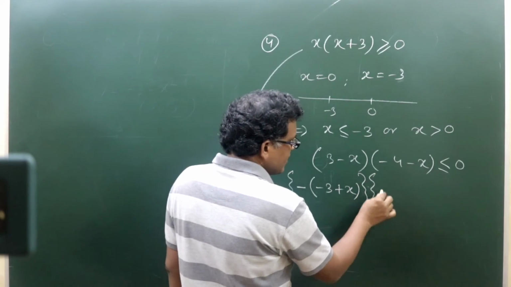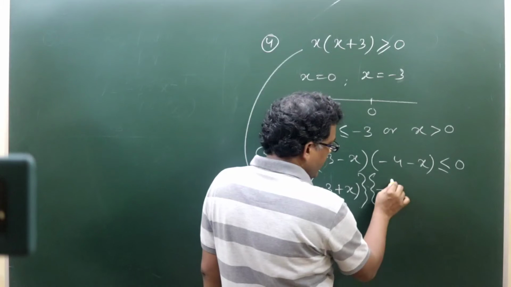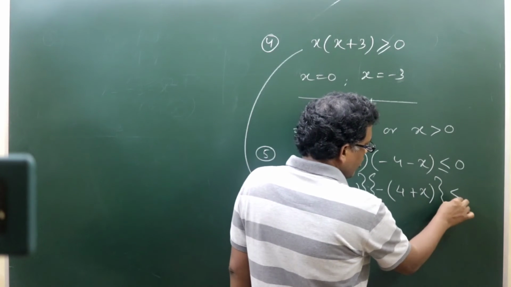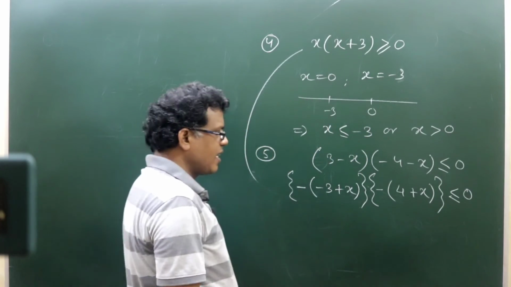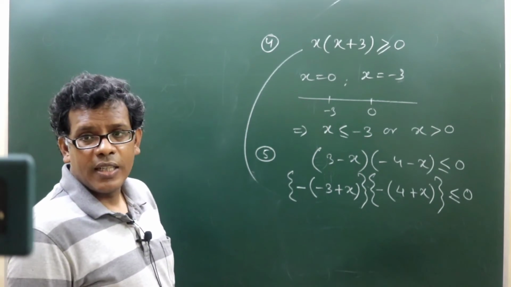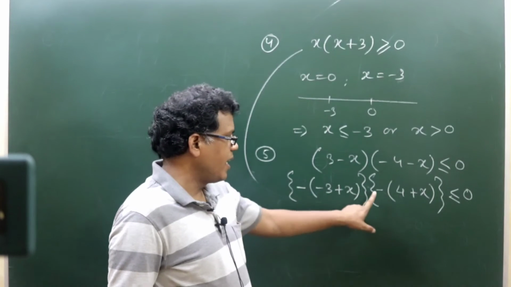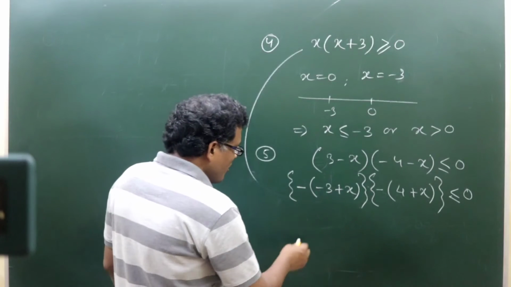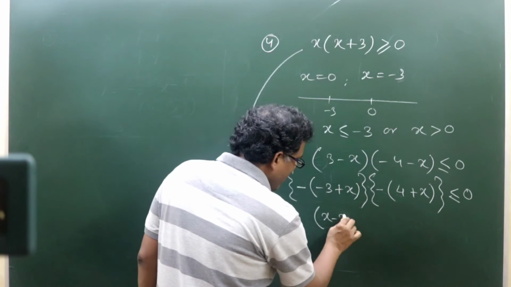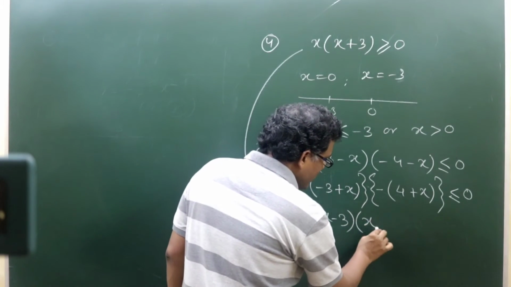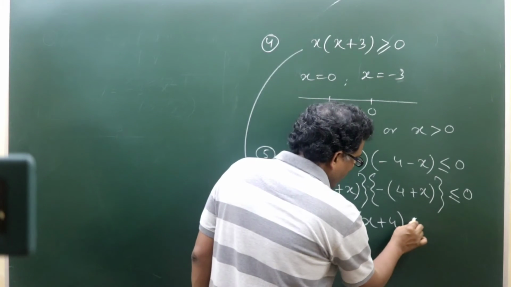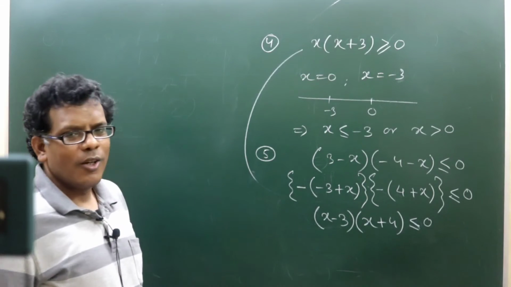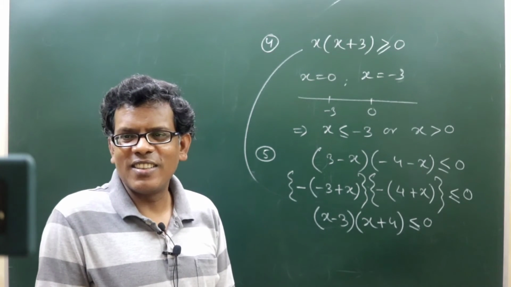And again in the second factor, if I take minus common, I can write 4 plus x, isn't it? Overall the inequation sign is less than equal to 0. So ultimately I am getting 1 minus here, 1 minus here, so minus into minus is plus again. So this becomes x minus 3 and x plus 4. So we are going back to x positive in both linear factors. We don't need to change the sign convention now.